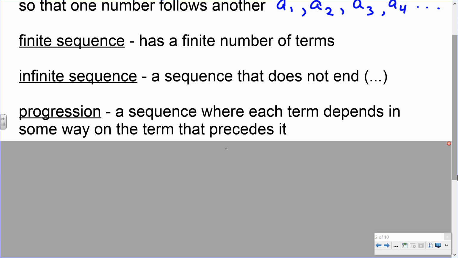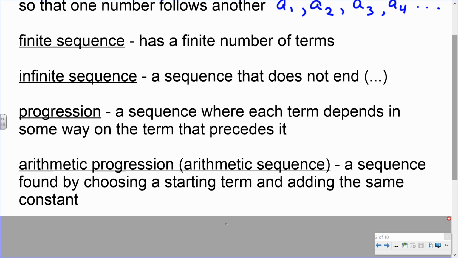Hope. We can multiply by different things to get the terms after that. And those will be called geometric progressions, and we'll get to those a little bit later. There also are progressions where you multiply by this, and then you add something else. They don't have a special name, but they'd be progressions because they follow a pattern.